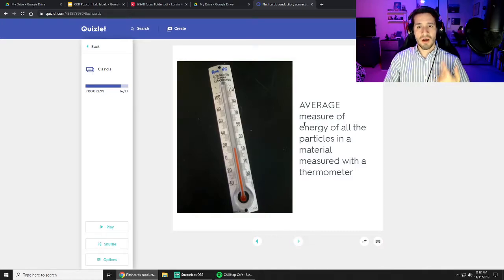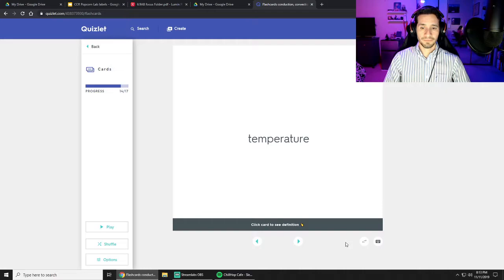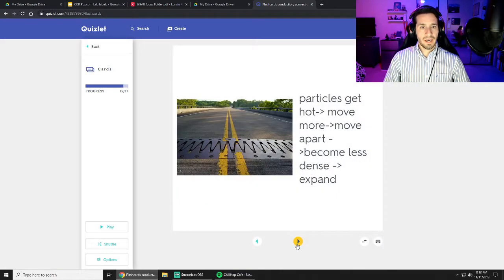Average measure of energy of all the particles in the material measured with a thermometer. That's just temperature. Okay? And particles that get hot move more, move apart, become less dense, and expand. We're not going to go into this, but this is thermal expansion, or dilatation.